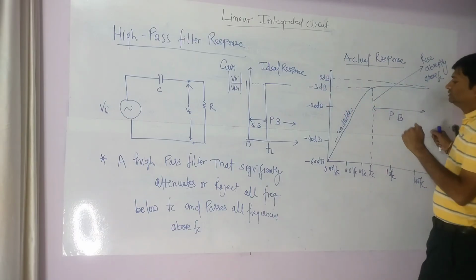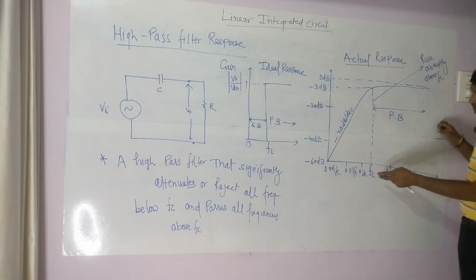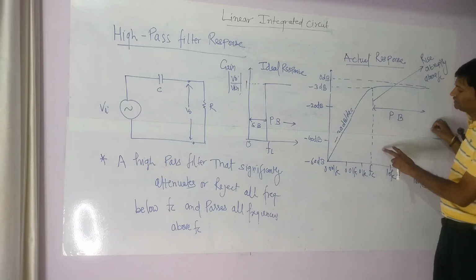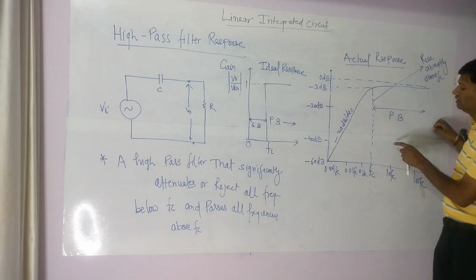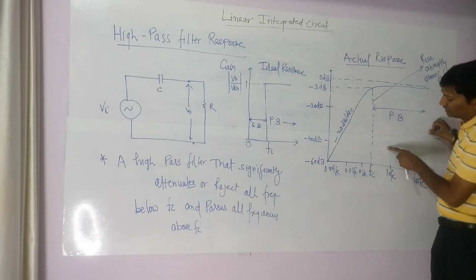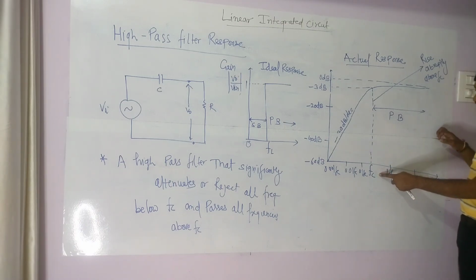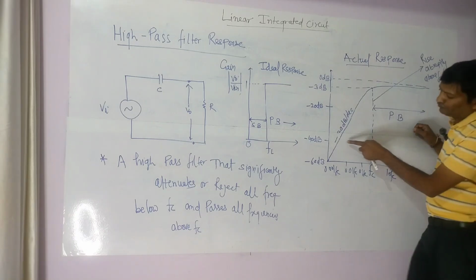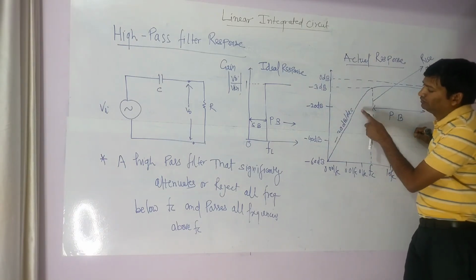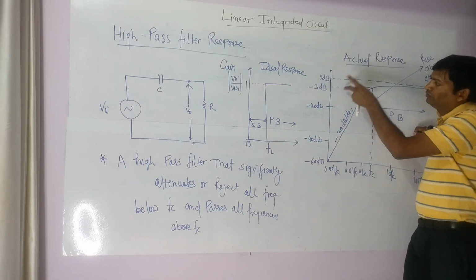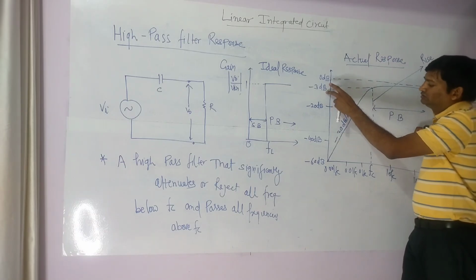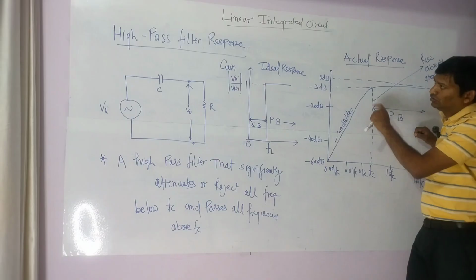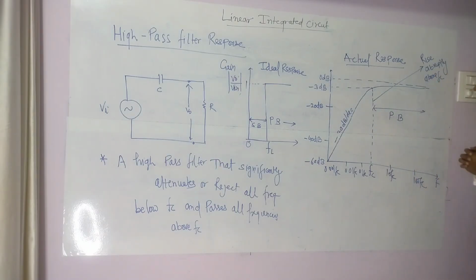Above FC, the passband rises abruptly. The passband lies above the cutoff frequency. The roll-off factor is minus 20 dB per decade, and the minimum attenuation lies between 0 and minus 3 dB at the cutoff frequency. So this is the actual response of the high pass filter.